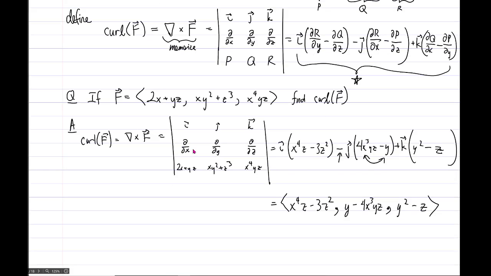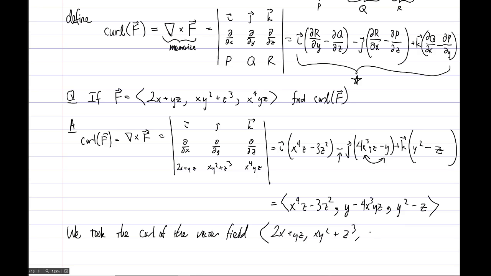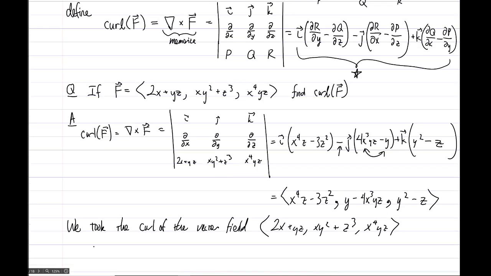Okay, so what happened here? We're done with the problem, but let's summarize what we did. We took the curl of the vector field, angle bracket 2x plus yz, comma, xy squared plus z cubed, comma, x to the fourth yz, and we actually got a new vector field right over here.